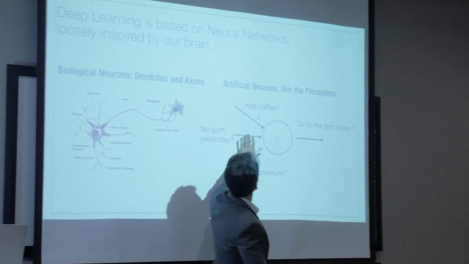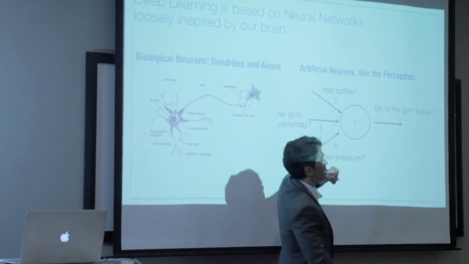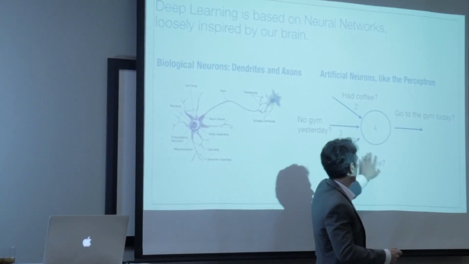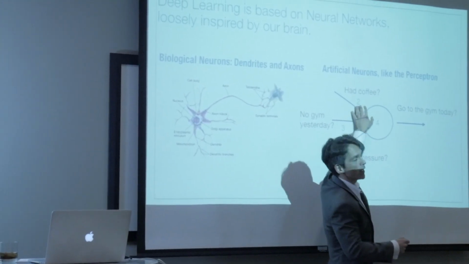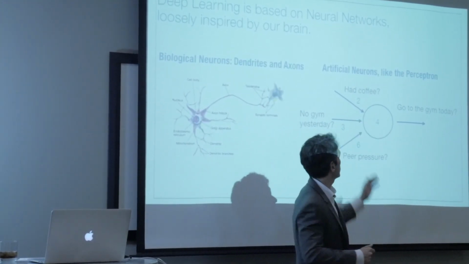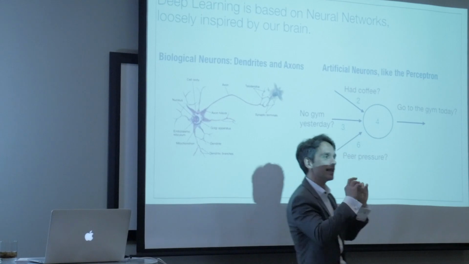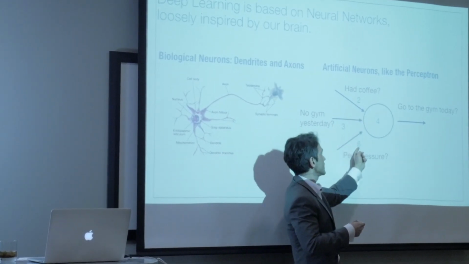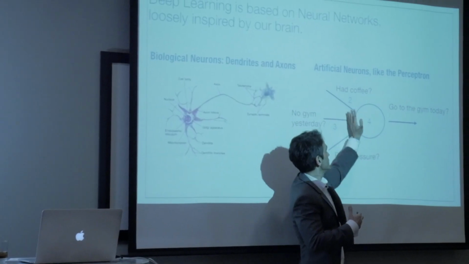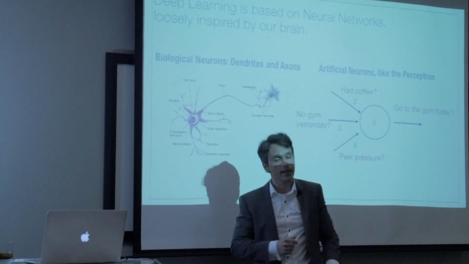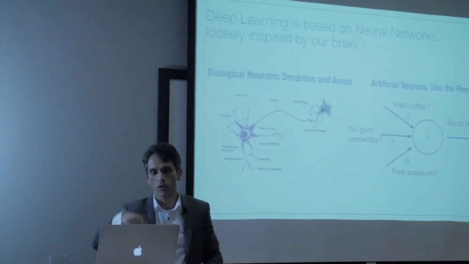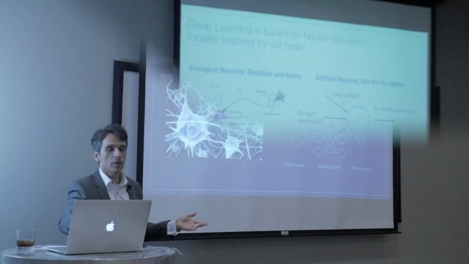If only this is true, so I only had coffee, but I was at the gym yesterday and there is no peer pressure, coffee alone doesn't lead to the result that I go to the gym. So this is the idea. You get some inputs, the inputs get some weights, and whenever you exceed the bias, then you will have a signal output as true, or otherwise as false.